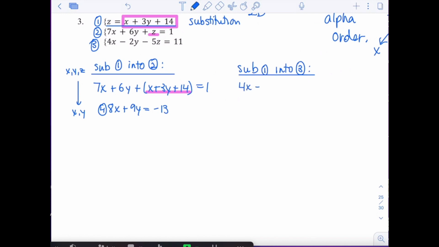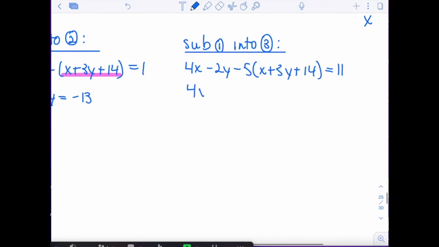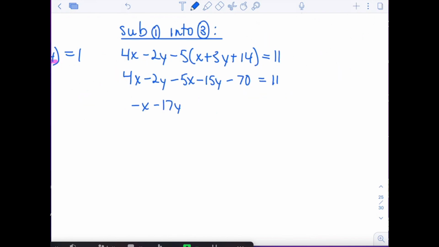So I got 4x minus 2y minus 5z, where z is x plus 3y plus 14, equals 11. So we get 4x minus 2y minus 5x minus 15y minus 70, equals 11, which becomes negative x minus 17y equals 81.